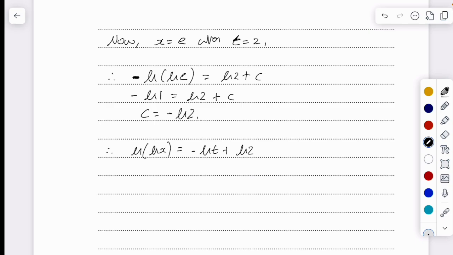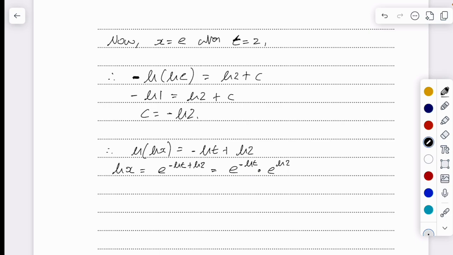Well, think about it like this. ln x is going to equal e to negative ln t plus ln 2. That's going to give me e to negative ln t times e to ln 2.